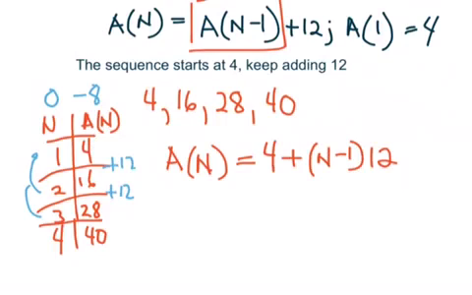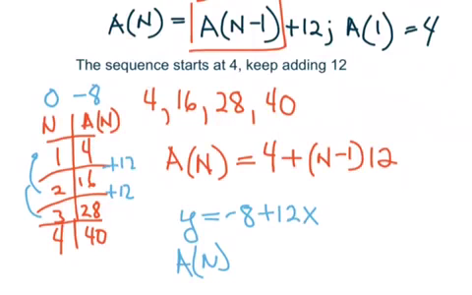So if we write an equation with the point 0, negative 8, then we're at y equals, and it starts at negative 8, and then it adds 12 for every x. Where y is really a of n, that is negative 8 plus 12n. So that's another way to think of it.